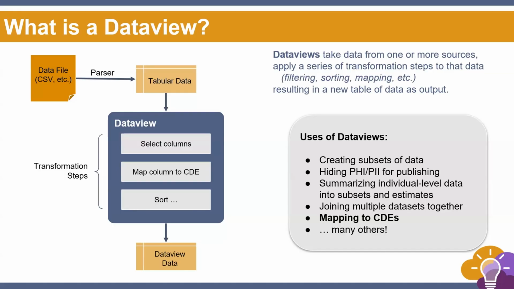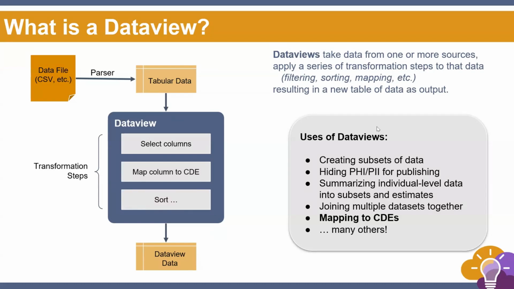This transformation process helps prepare your data for analysis by making it more structured and aligned with the CDEs and also research standards. To map CDEs using data views, we need to start by creating a new data view.